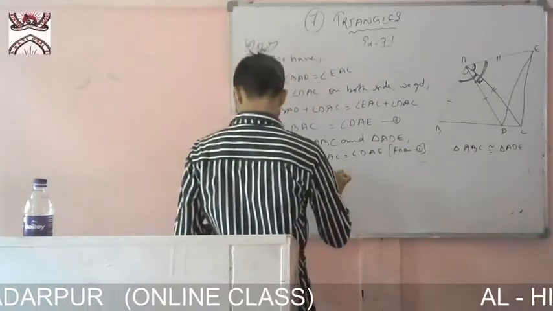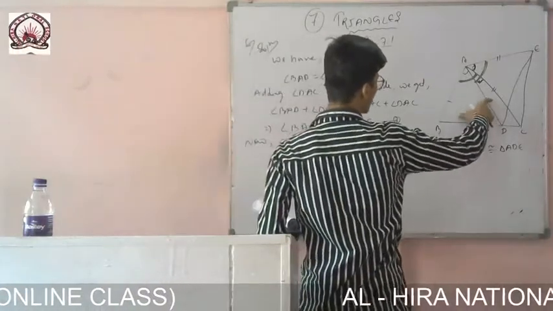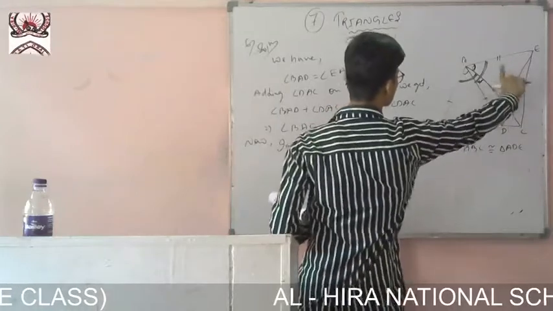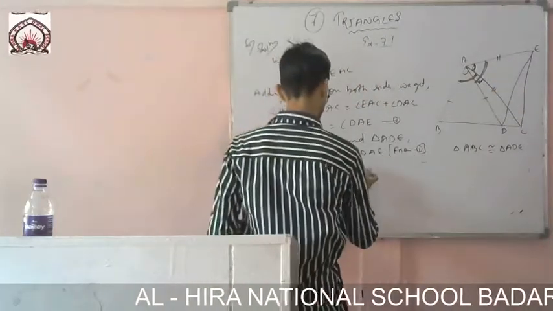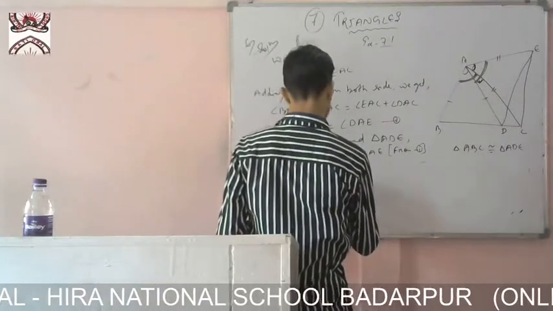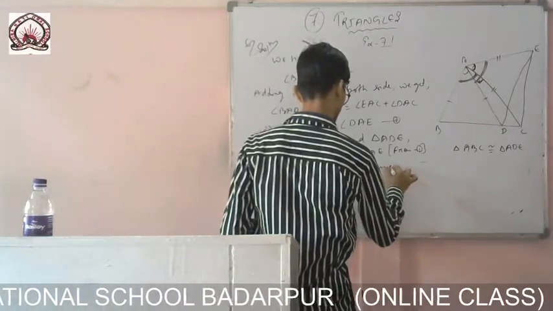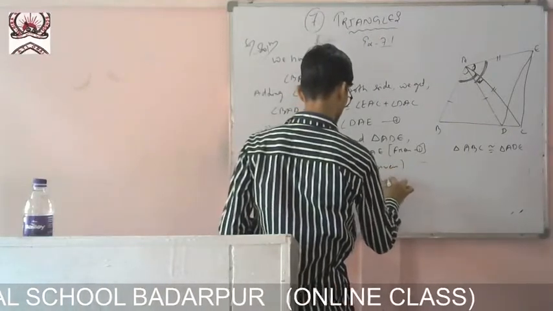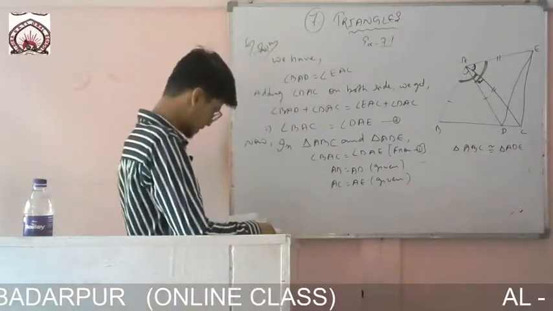Then another two things, you see here, if I take this triangle, AB is equal to AD in the other triangle. It is given in the question, AB is equal to AD, and another one it is given, AC is equal to AE.